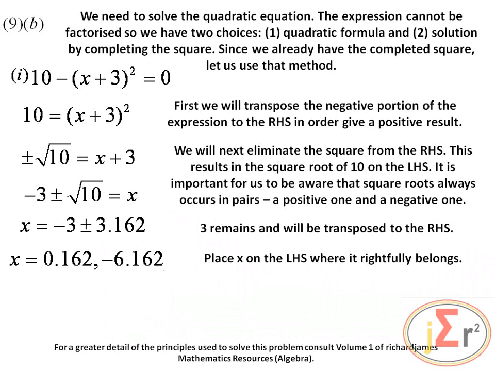Negative 3 plus 3.162 turns out to be 0.162, and negative 3 minus 3.162 turns out to be negative 6.162.